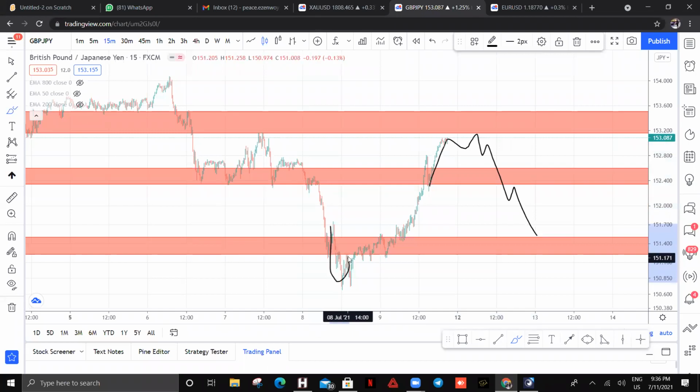See, it went up, came down again. Let me delete this, I'm not drawing it well, I'm using my mouse. It went up here, did this, came down, and what happened? So 15 minutes will always give you a structure, a pattern. It will give you the go ahead to do what? Look at the M structure here. After the consolidation and breakout, it did like this, came down here. You will see it happen.